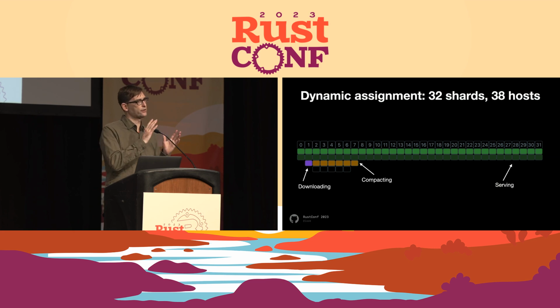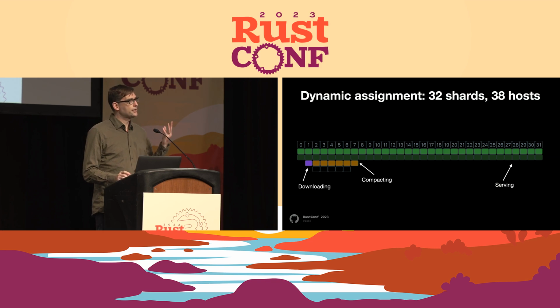This goes through a state machine that does this maintenance work and then puts that shard into serving and moves on to the next one. But to do this, we needed to implement basically a distributed consensus system because the caller, the Blackbird query service, needs to have the same picture of the world as the indexer does.